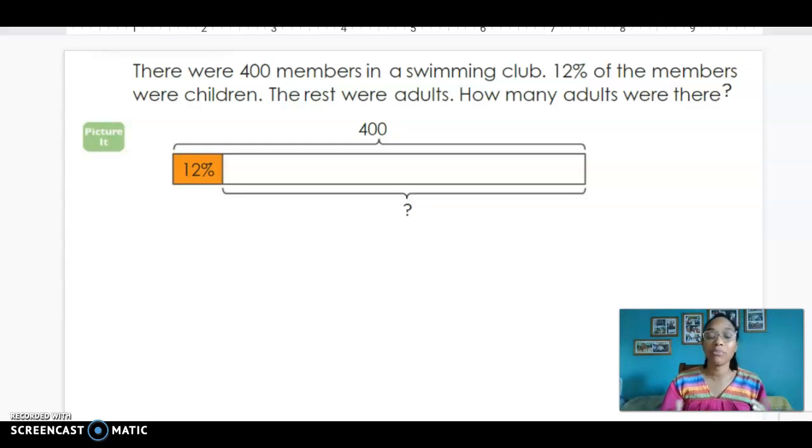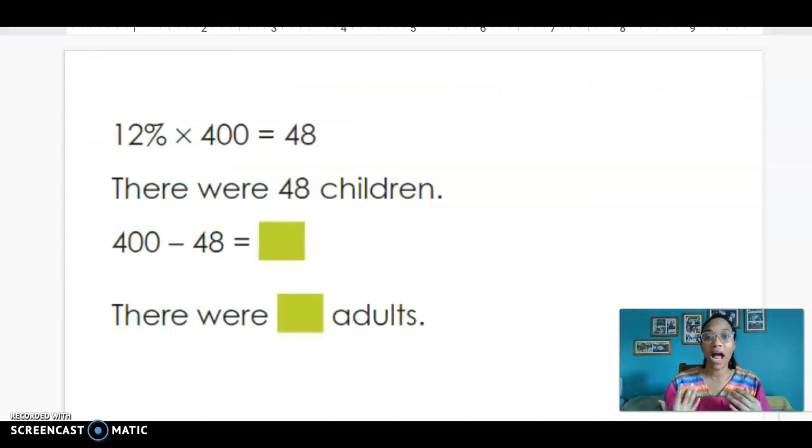We know this because the total percentage is always 100. Remember, percent means out of 100. So we could have found 88% of 400, and that would have given us our number of adults. Now, this first method, I would say, is better because you are multiplying numbers that are smaller, which means you have less likelihood of making mistakes in your multiplication.